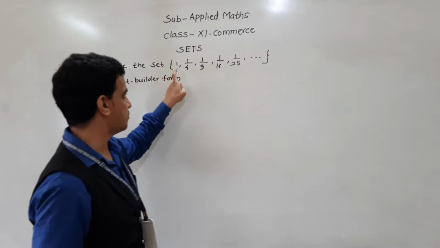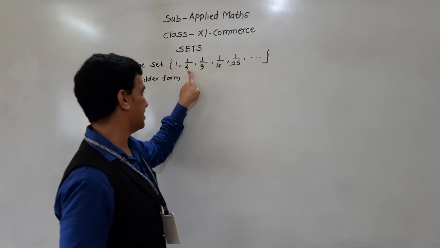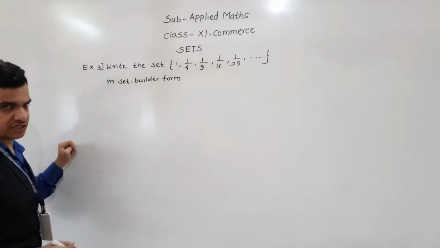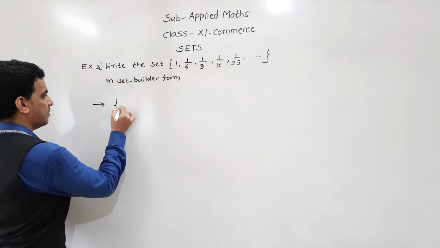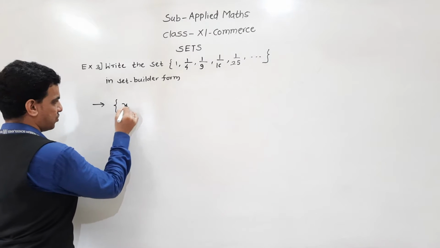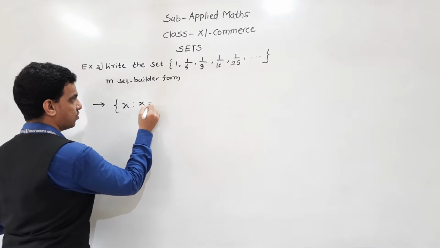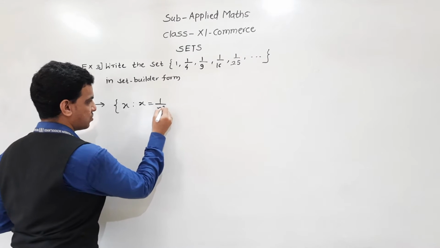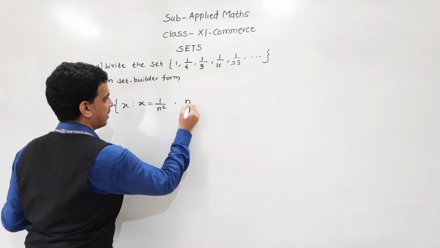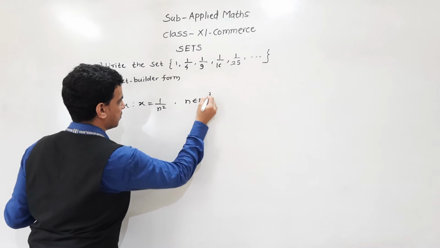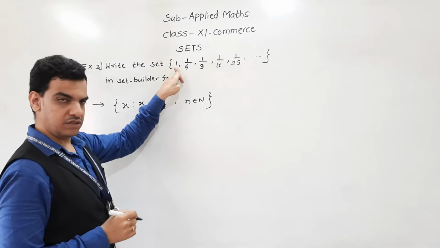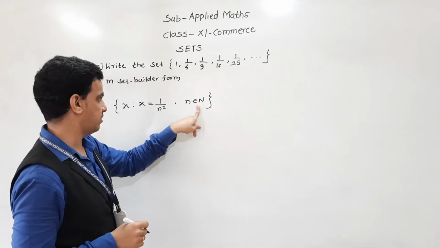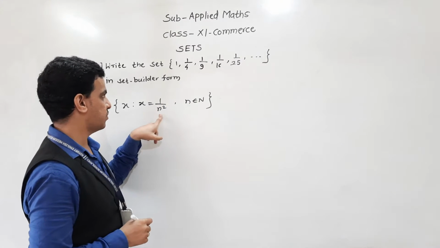Okay, so if you observe, the denominator is the square of natural numbers. So this set in set builder form we can write as collection of all x such that x is equal to 1 upon n square and n belongs to N. Okay, n starts from 1, so n belongs to N, 1 upon n square.